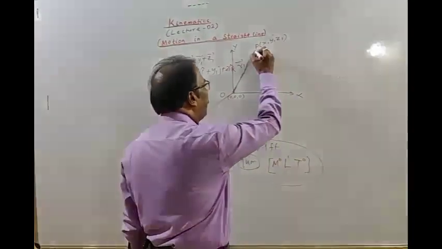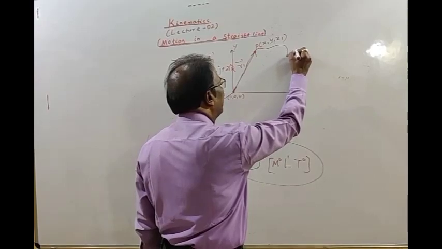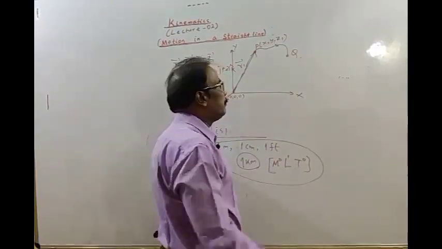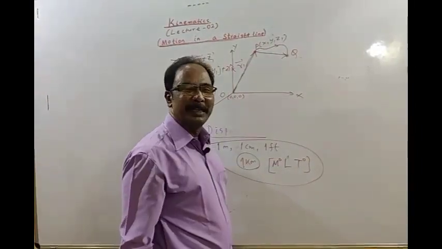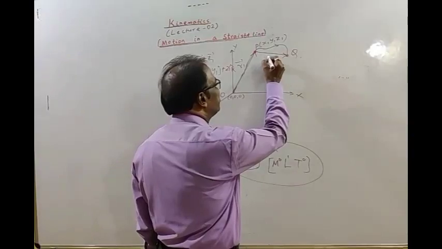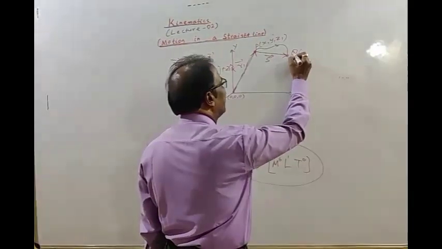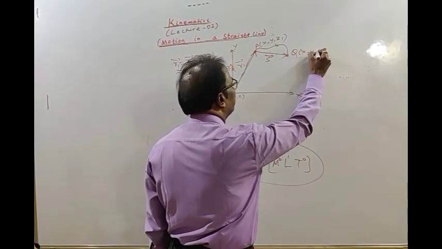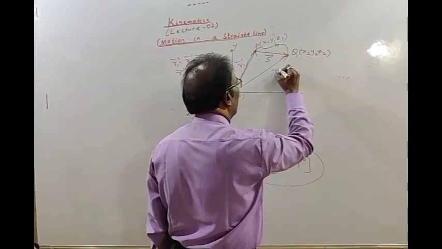Let the body move to another point Q along this path, meaning along a curve. But displacement is always along a straight line, so the displacement is PQ. Let this displacement PQ be S. Then for point Q, let the coordinates be x2, y2, z2 and the position vector be r2.